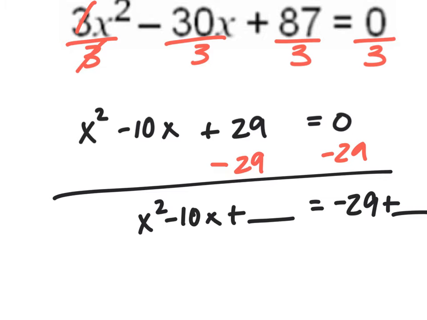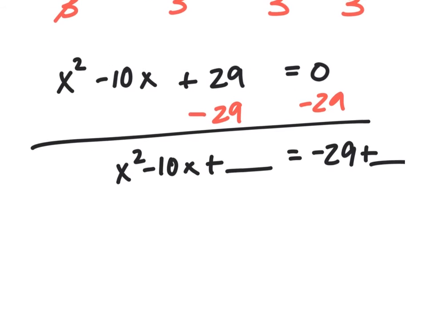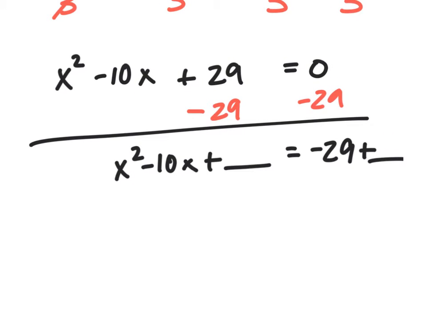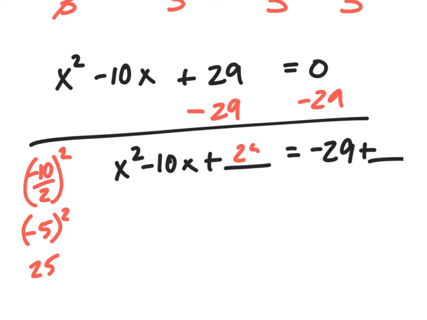All right, so now what I need to do is get a perfect square trinomial on this side. So I'm going to take my middle term, which is -10. I'm going to divide it by 2, and then I'm going to square it. Okay, and that's going to give me -5 quantity squared, which is going to give me positive 25. So I'm going to put plus 25 here and plus 25 here.